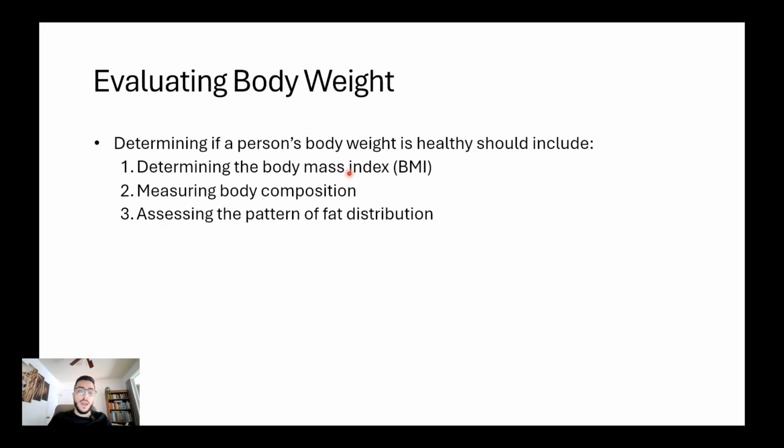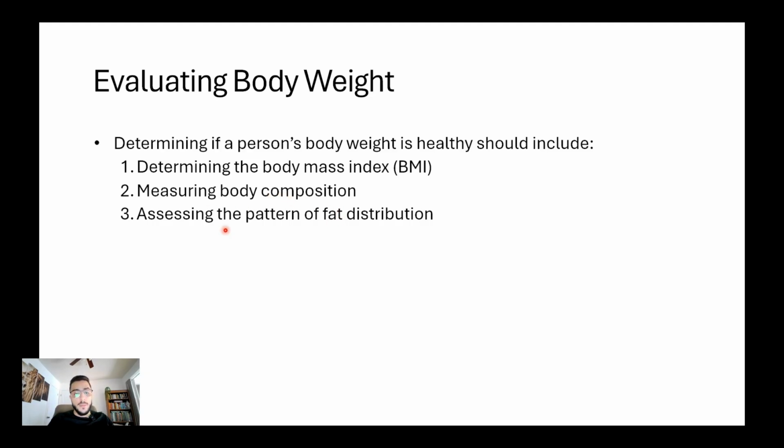So you can still be healthy in terms of calculated BMI, but then your fat percentage in your body is something like 30%, and you don't have enough lean mass, so that's unhealthy. Okay, so the body mass index is the first number that we think about when we talk about body weight and whether it's healthy or not. But that's not sufficient. We usually add to it a measure of body composition, and this is basically how much fat you have in your body.